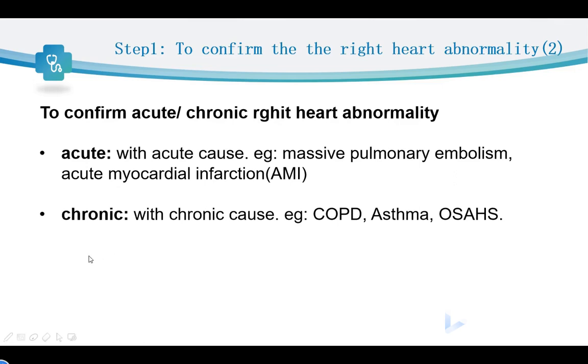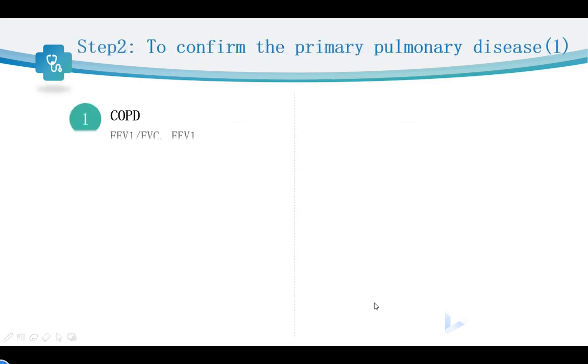And chronic right heart abnormality is usually caused by chronic causes, such as COPD, asthma, and so on. That's step 1, to confirm the right heart abnormality first.